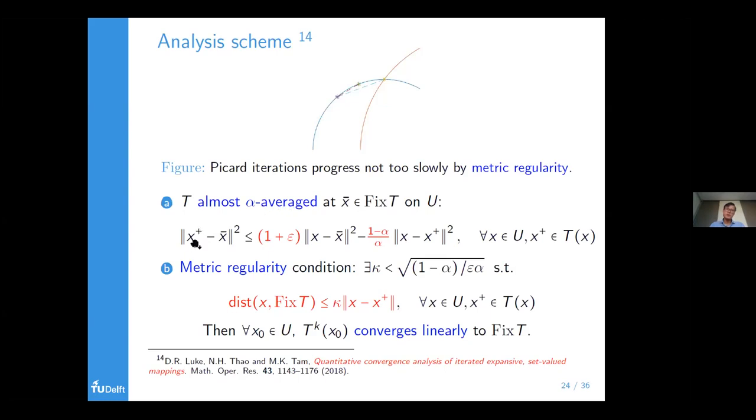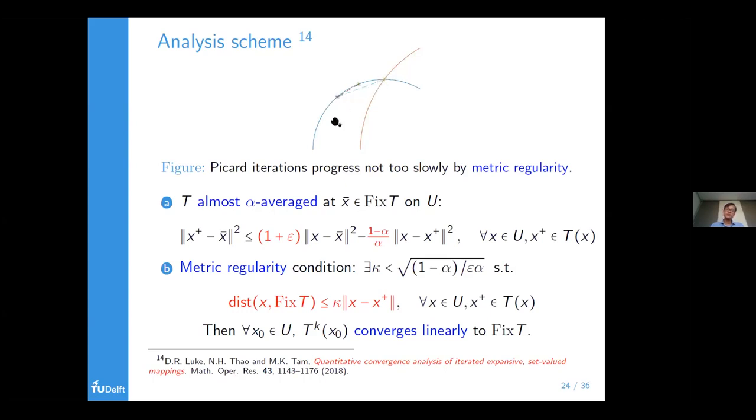That means the next iteration is not too much farther away from the reference point compared to the current iteration. For example, in this figure, this is the reference point, this is the current iteration, and here is the next iteration. This condition ensures that the next iteration does not move too far away from the reference point compared to the current iteration.